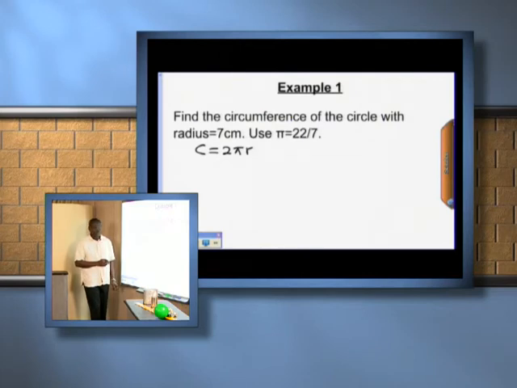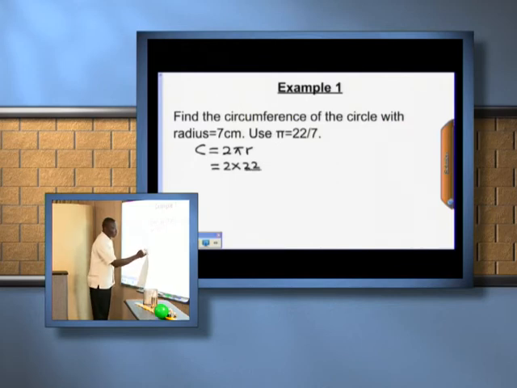And then we just substitute what we know. So this is equal to 2 times pi. The question is telling us to use the approximate value for pi as 22 divided by 7, and it gives us the value for R as 7 centimeters.